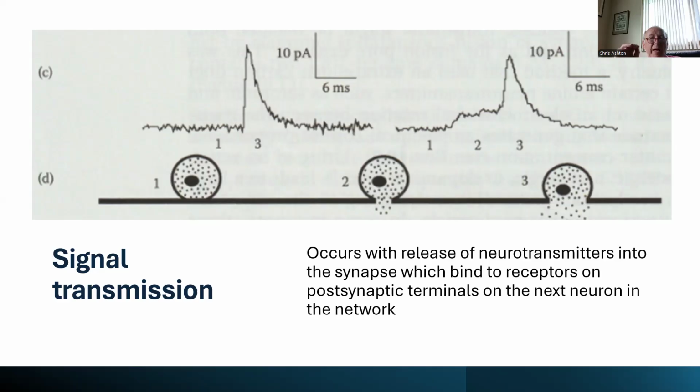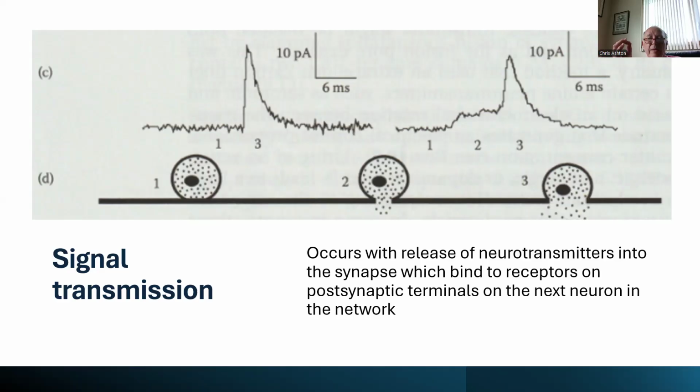And so when the vesicle actually reaches and fuses to the cell membrane, that voltage impacts the calcium channels, which open the gate.